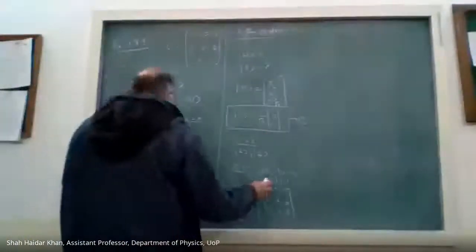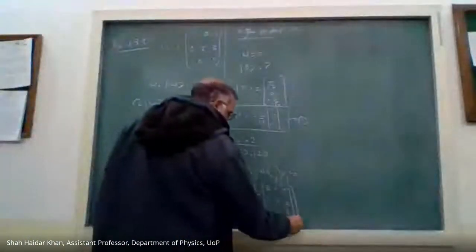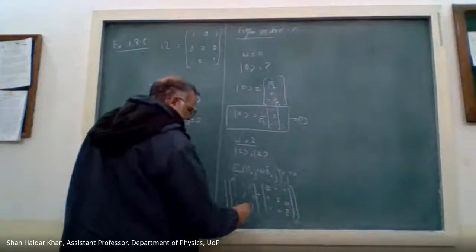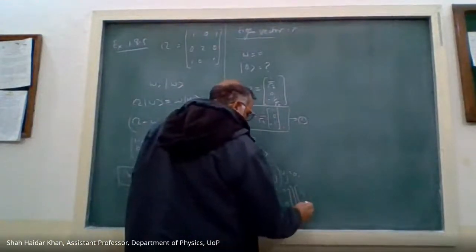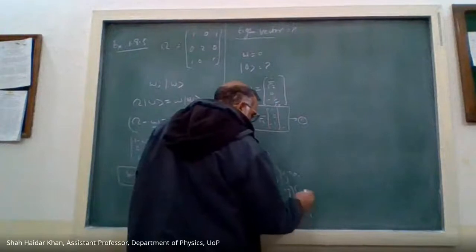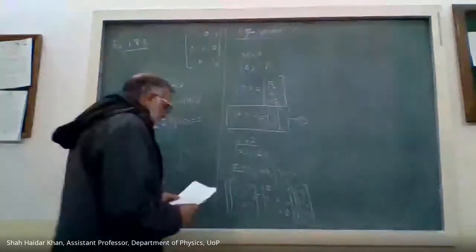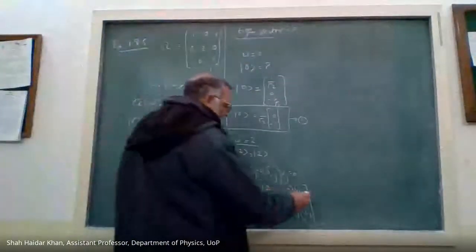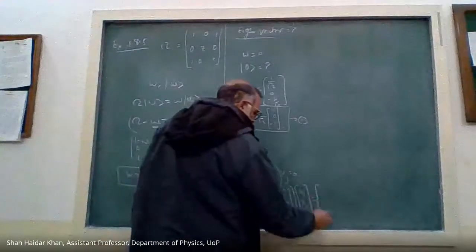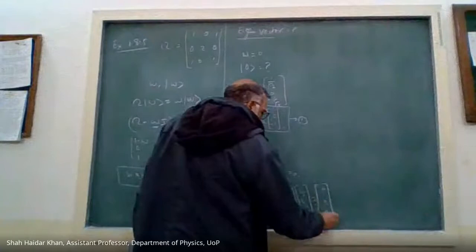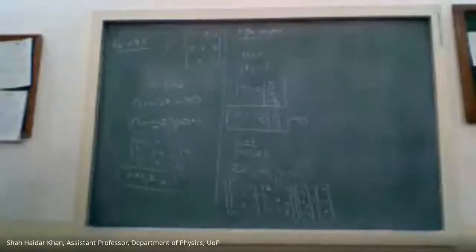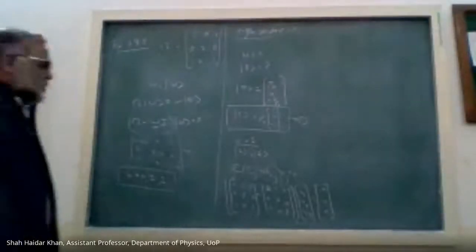Right? And here the vector V1, V2, V3 is equal to 0, 0, 0. Put into the matrix equation, right?